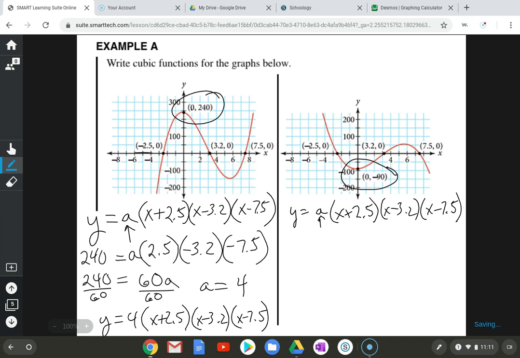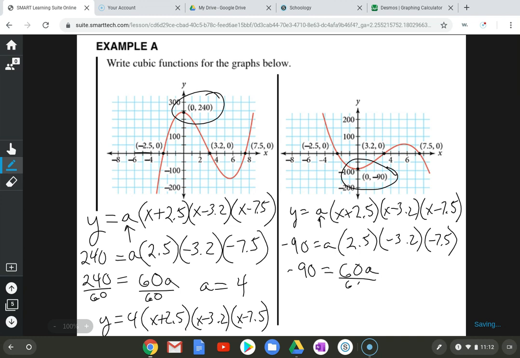So now we have the intercept 0, negative 90. So I set my y equal to negative 90, and I set all my x's equal to 0. So 2.5 times negative 3.2 times negative 7.5. And so I have negative 90 equals 60 times a.